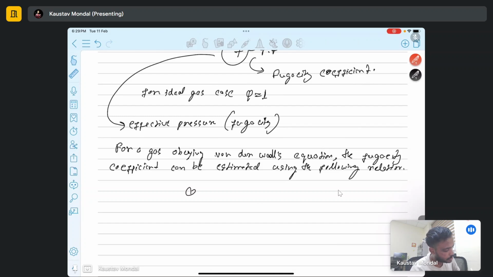So this is basically the relation phi equal to e to the power BP by RT.